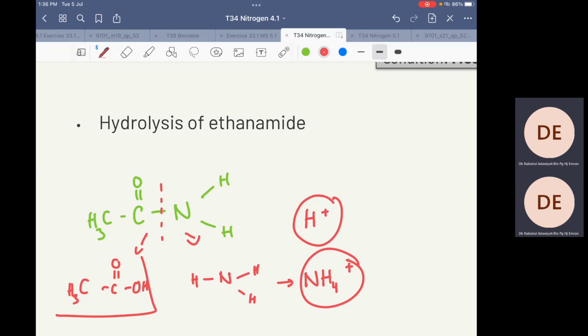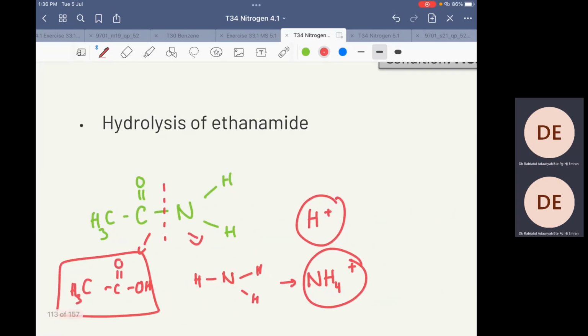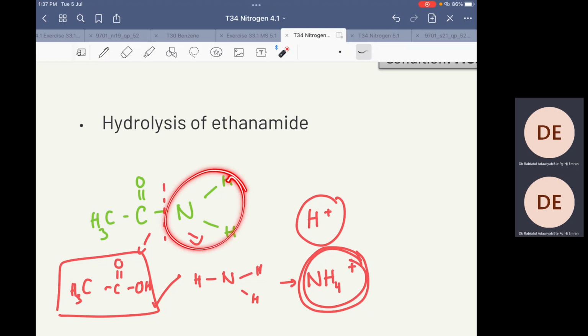So that's why your products, if you look at your notes, are carboxylic acid and ammonium salt, because whatever ammonia or whatever amine is produced here, it will react with the acid because it is an acidic condition.